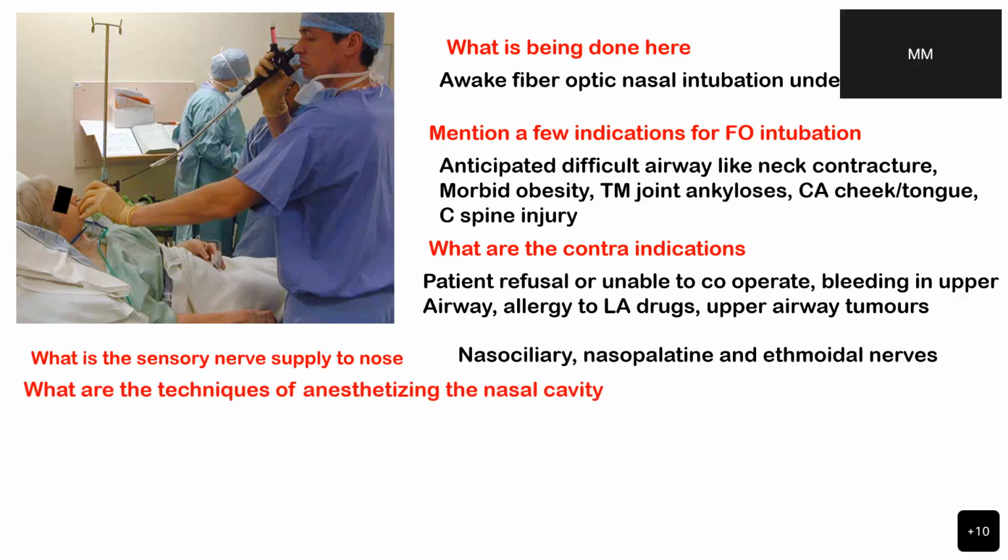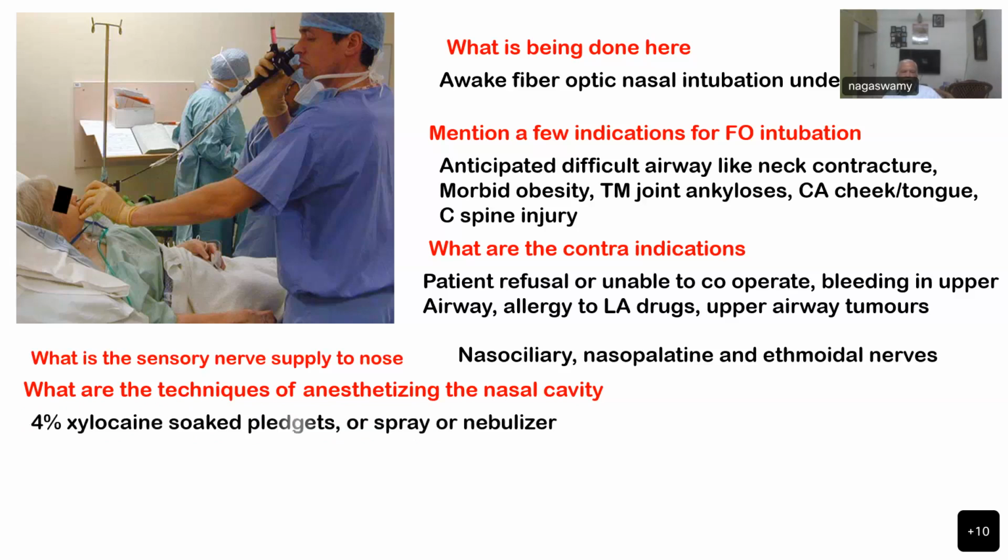That is not the anesthetizing technique. That is only for vasoconstriction. That is one of the preparations to avoid bleeding. Cotton pledgets, sir. 4% local anesthetic soaked cotton pledgets, or spray or nebulizer. Okay. So 4% xylocaine. That is a very important concentration, you must say. Nowadays we have 10% xylocaine puffs also, sprays also available. So that is also being used.